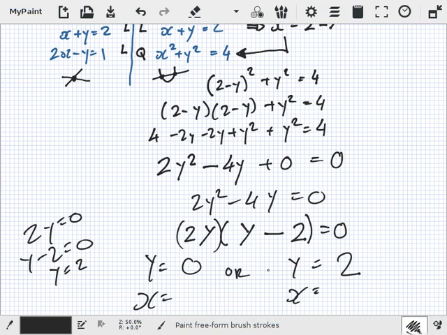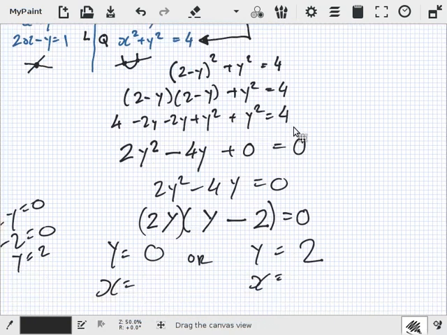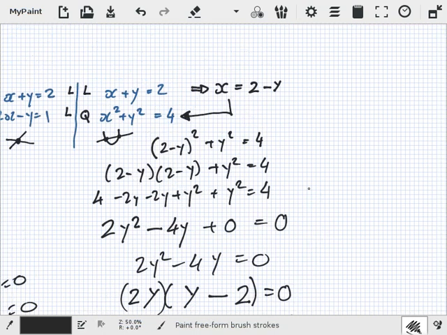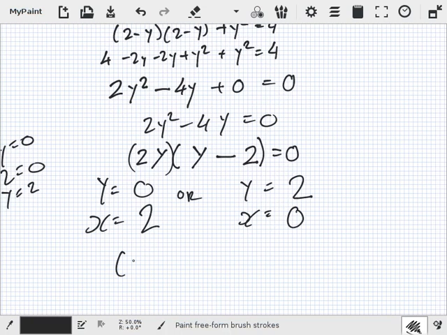Now, I take these answers and put them back in here. So x is 2 minus y. When y is 0, that's 2 minus 0, which is 2. And then for y equal to 2, 2 minus 2 is 0. So we have 2, 0 and 0, 2 as the answers.